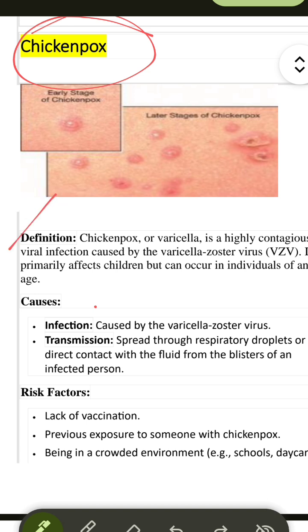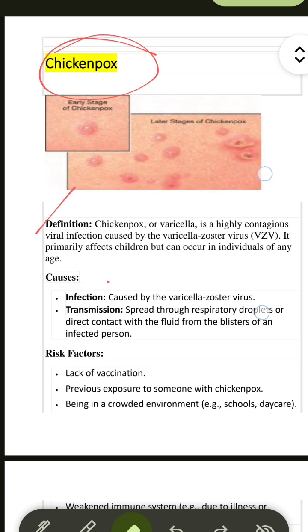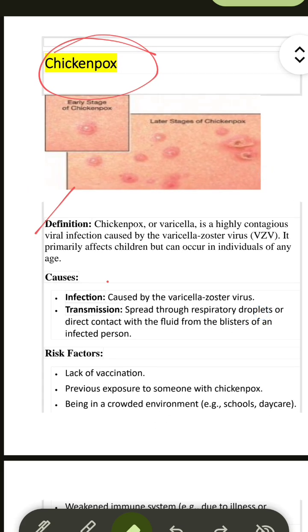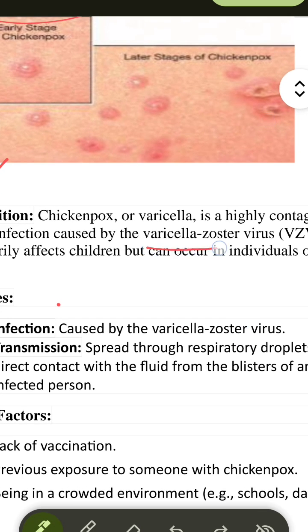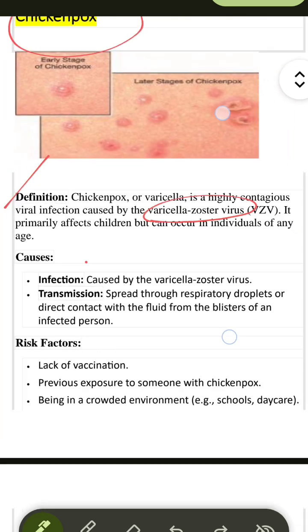Chickenpox is also known as varicella. Chickenpox is a highly contagious viral infectious disease caused by the varicella zoster virus.